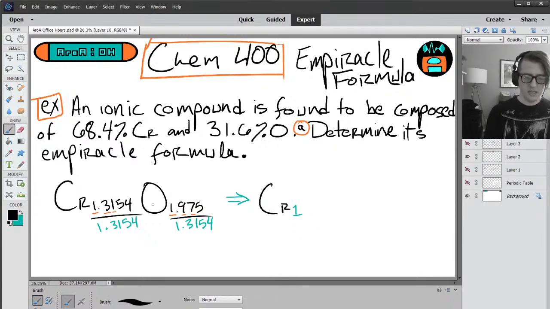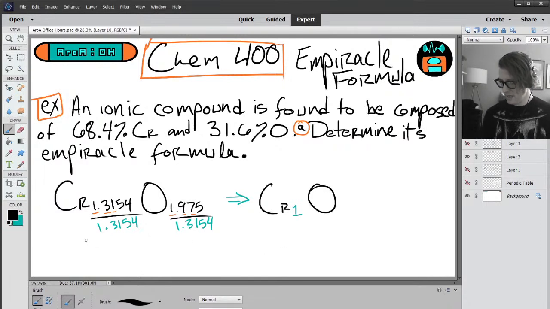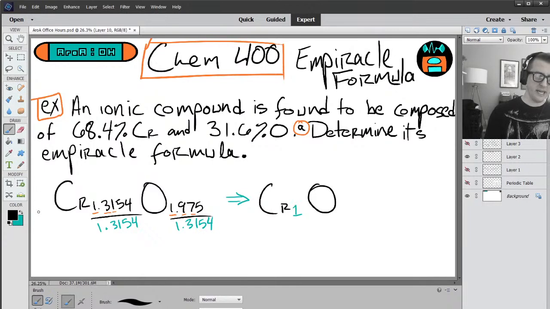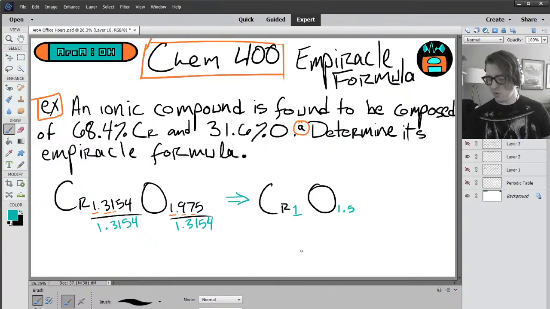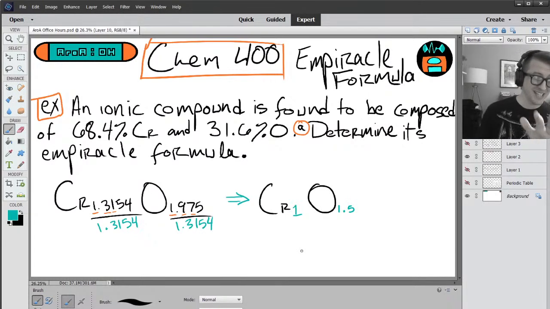For oxygen, 1.975 divided by 1.3154 comes out to be 1.50144444 forever, but we don't have to worry about that because these are going to come out to integers.